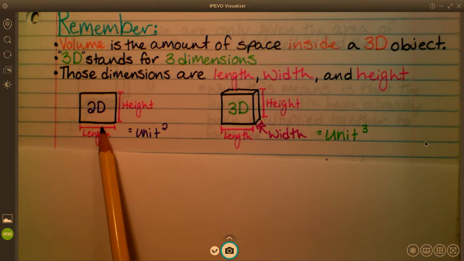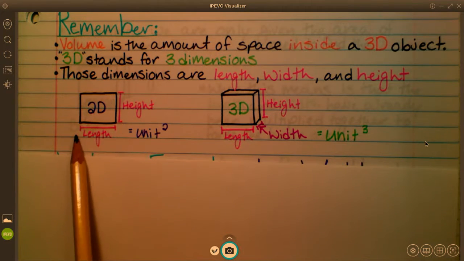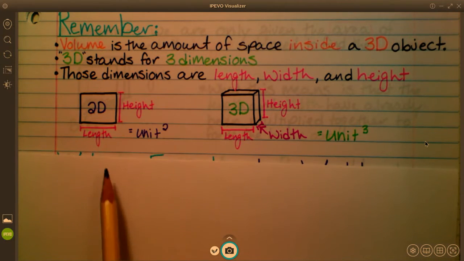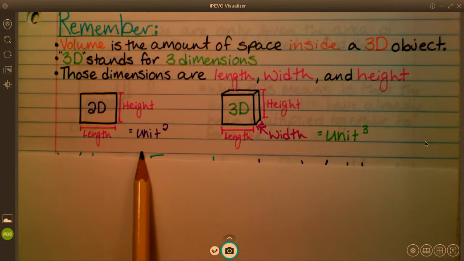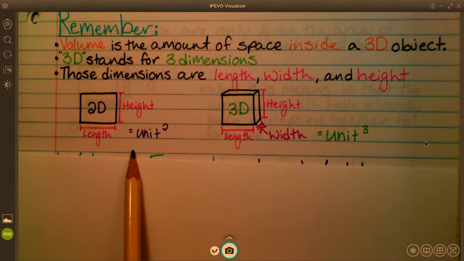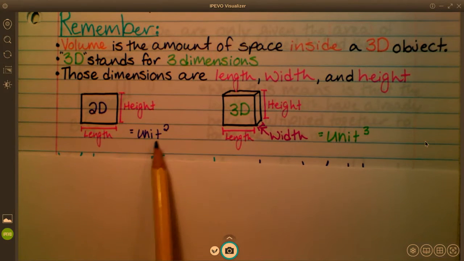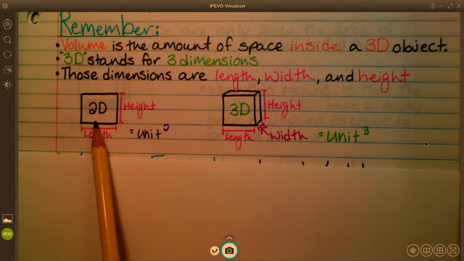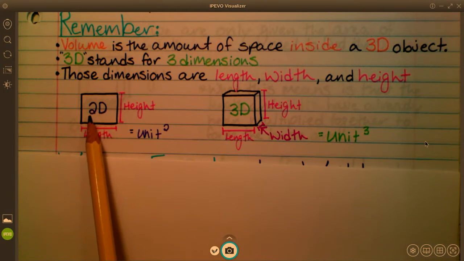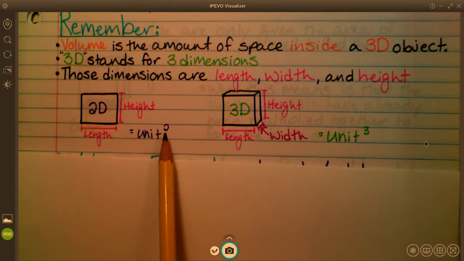But it's a 2D shape because we have 2 of the dimensions. We have the length and the height. And when we get the area, the length times the height, we put whatever the unit is and we square it because it only has 2 dimensions. So 2D, we put a 2 as our exponent in our unit.